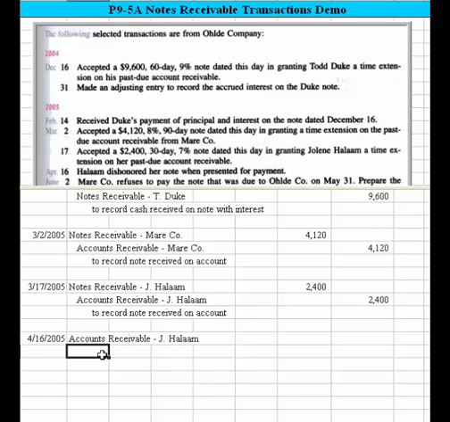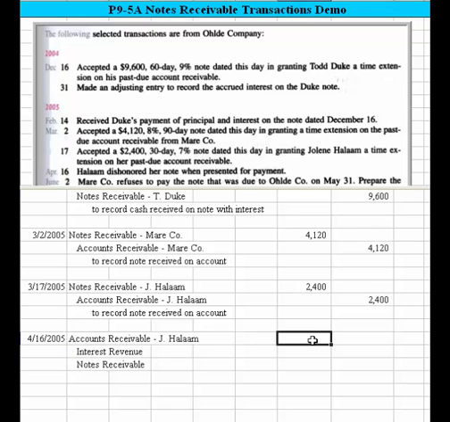And we would probably record the interest revenue earned. And we need to take out the notes receivable, since we're putting it back into accounts receivable.